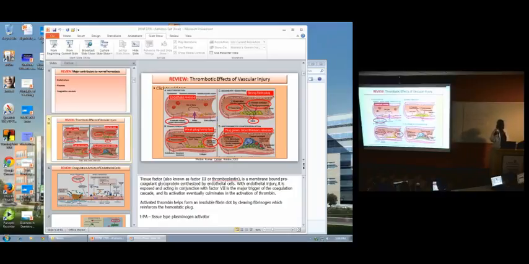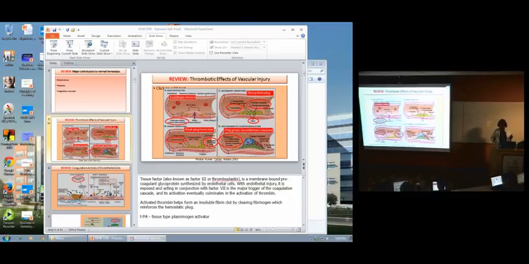That's a very potent trigger for platelet adhesion. So you have platelet adhesion, then activation of platelets, and then aggregation of platelets, and that forms the initial plug. That's what is referred to as primary hemostasis.